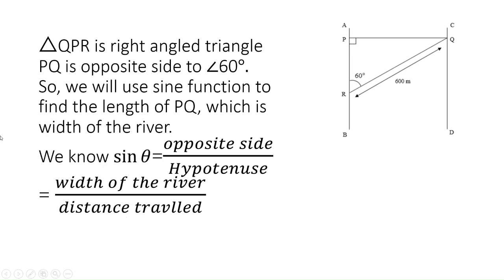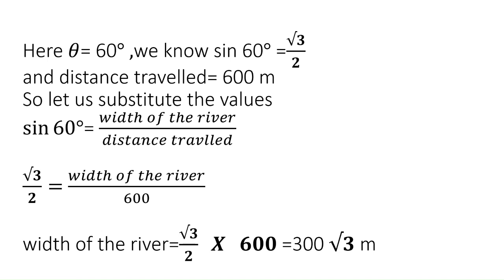Coming back to the point where theta is 60 degrees, sine theta is equal to opposite side by hypotenuse. Sine 60 is equal to root 3 by 2, and the distance traveled is 600 meters, which is nothing but the hypotenuse. So let us substitute those values here. Sine 60 is equal to width of the river by distance traveled.